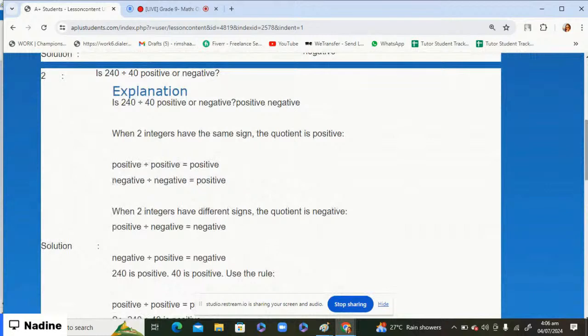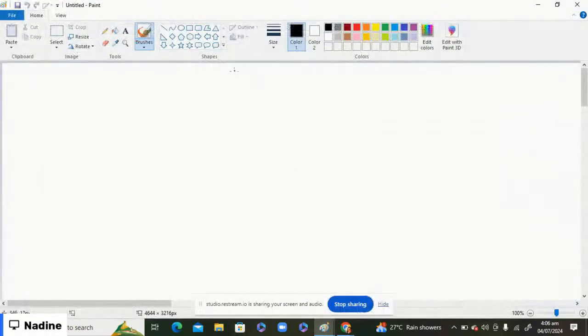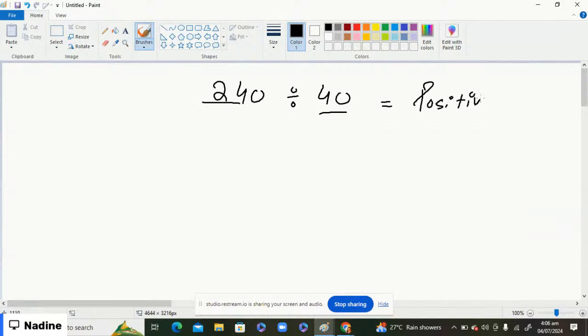Divisibility rules are here. If there are two positive integers, like 240 divided by 40, these are both positive integers, then you get the answer positive, okay? If this is positive and this is positive, you get the answer positive.